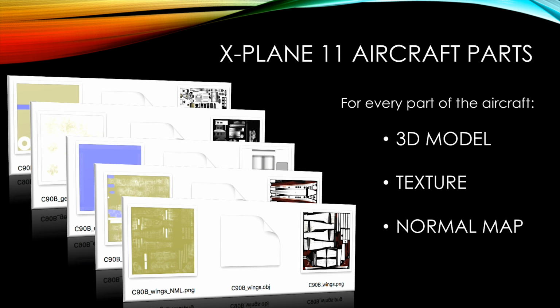And basically for every part of the aircraft we have a 3D model. That's the object file. We have a texture, which is basically an image that's overlaid over the model. And we have a normal map, and that normal map contains normals information and also roughness and metallic information.